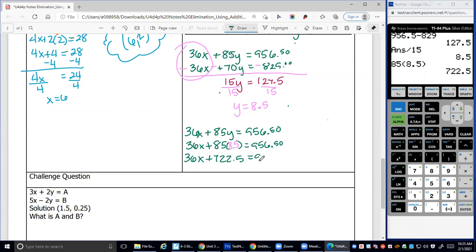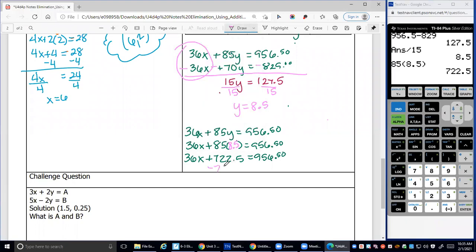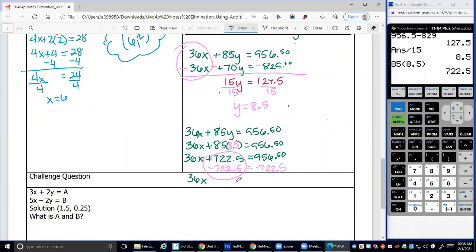What am I going to have to do at this point? Next to last step. Minus additive inverse. In this case, it's minus 722.5. And the very last step. 36x equals, that just zeroes out.